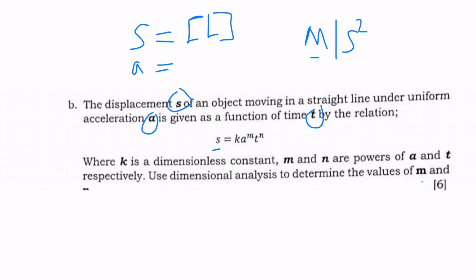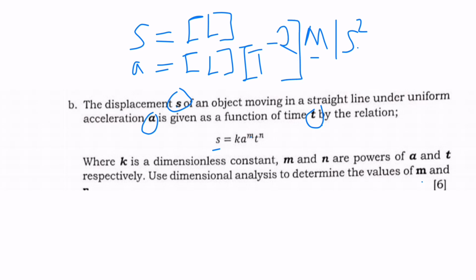That is acceleration, meter per second squared. Now meter we know it is length, L. So the dimension for acceleration is length over time, so time we write T, and it becomes L T to the power -2.